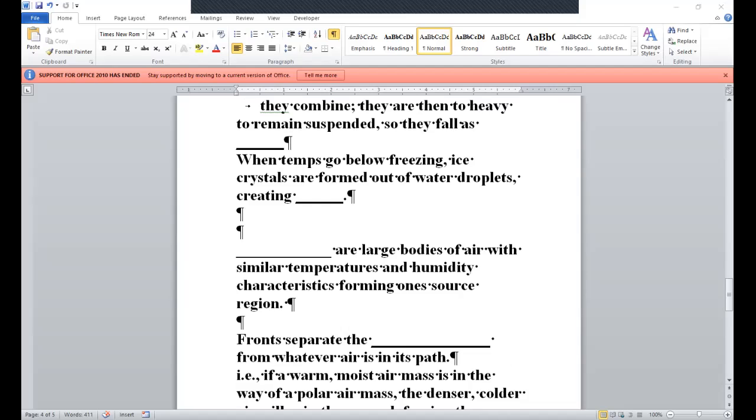Before we get into air masses, just to put a cap on this section: the rain droplets or ice crystals, in large numbers, will form clouds. You can turn to page 90 as I talk about this, figures 4.21 and 4.22.